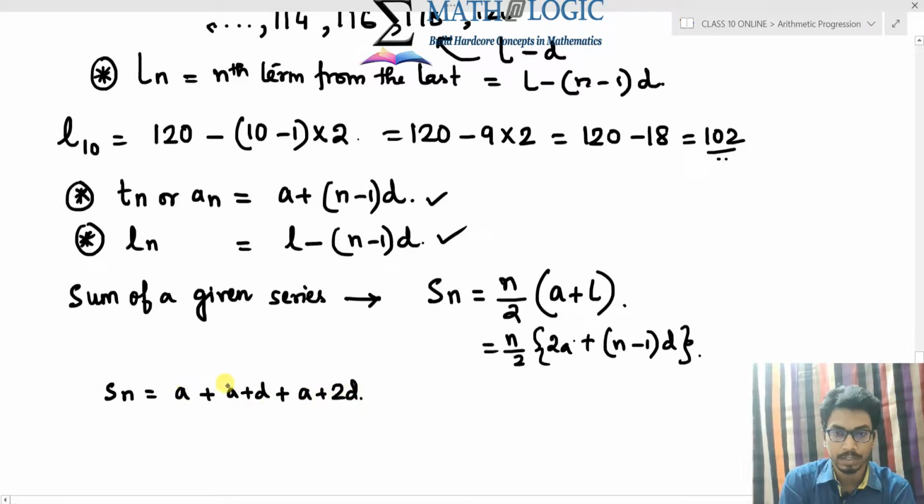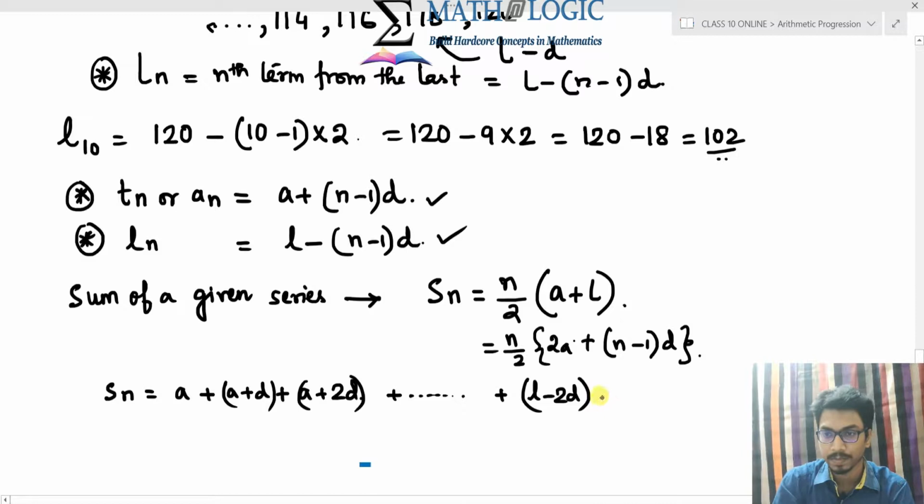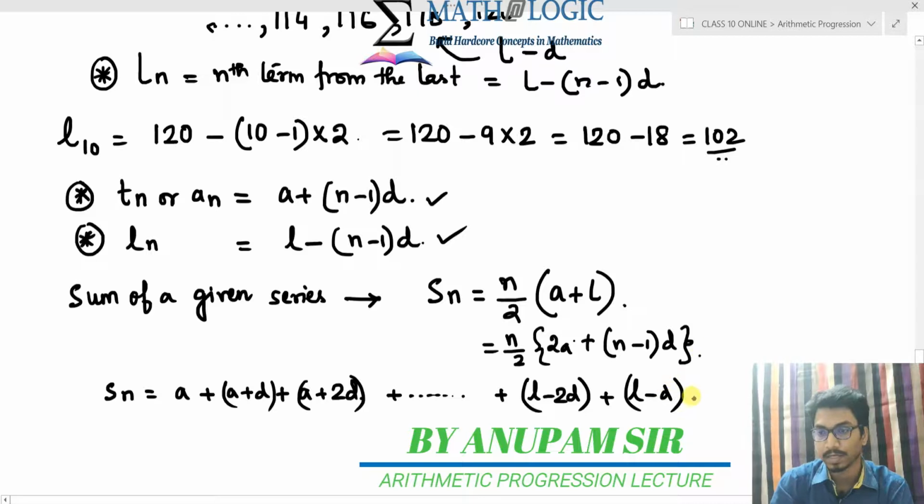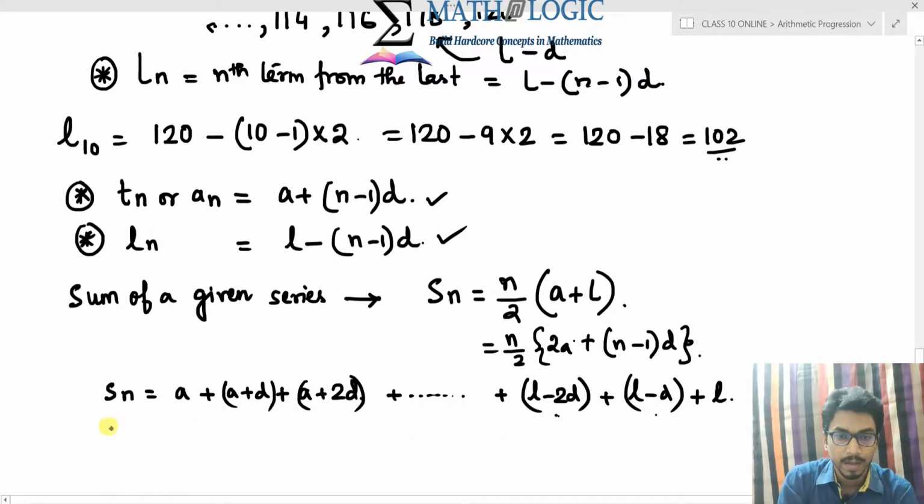Because this is the first term, this is the second term, this is the third term, plus L minus 2D, that is the third term from the last, plus L minus D, that is the second term from the last, plus L, which is the last term. Clear? Okay.